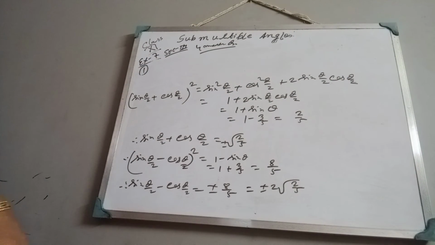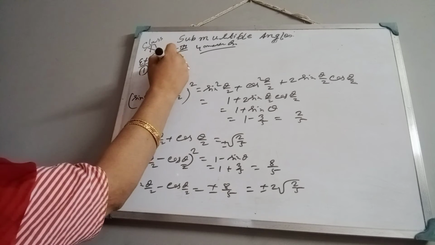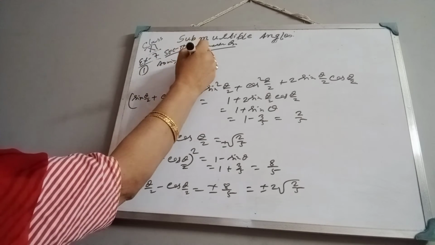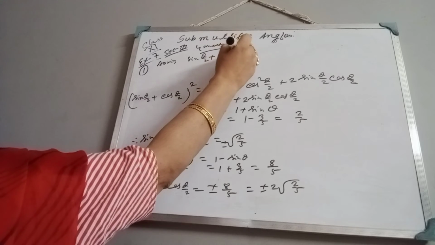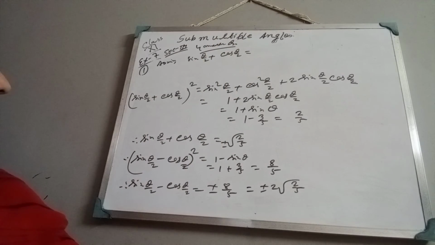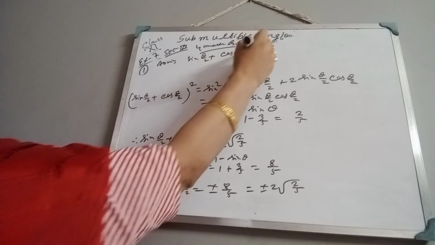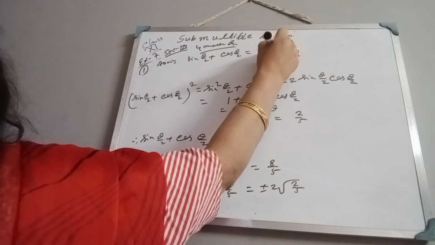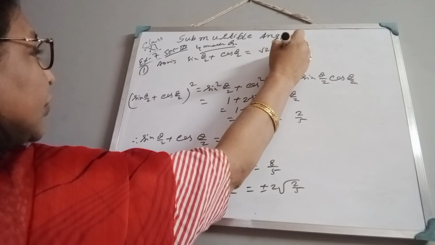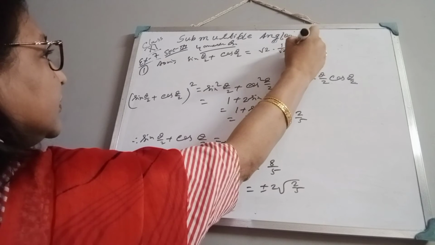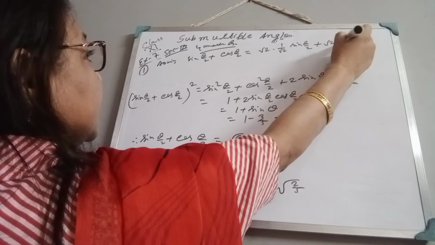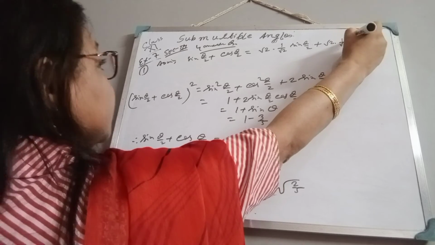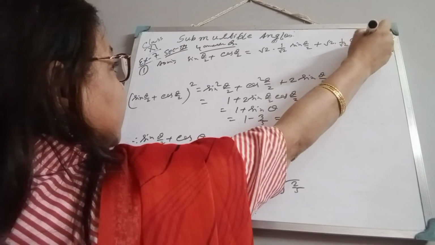Now again we know that sin θ/2 + cos θ/2 is equal to √2 into (1/√2) sin θ/2 + √2 into (1/√2) cos θ/2.